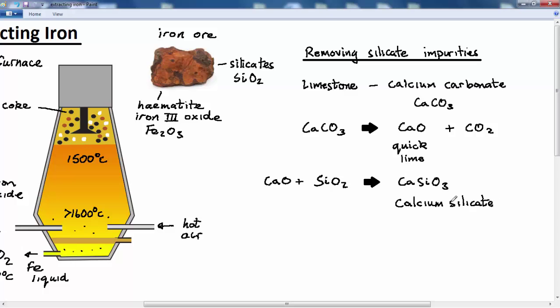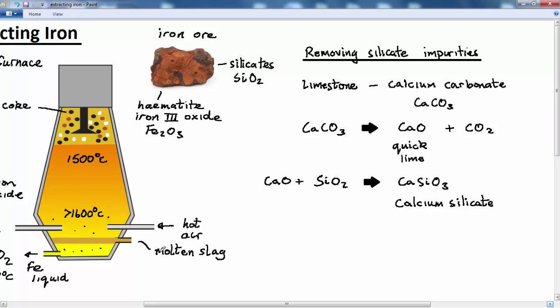And at these temperatures, calcium silicate is in the liquid state, but it has a lower density than that of liquid iron, so it will sit on top of the liquid iron at the bottom of the furnace and can be tapped out of the furnace as something called molten slag.